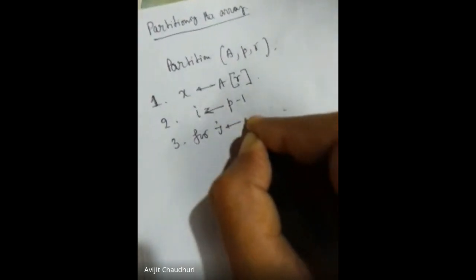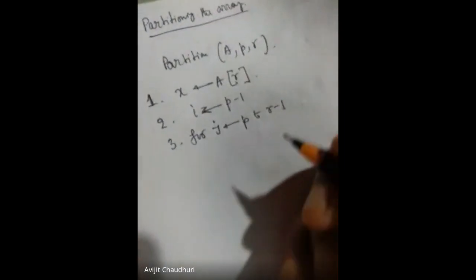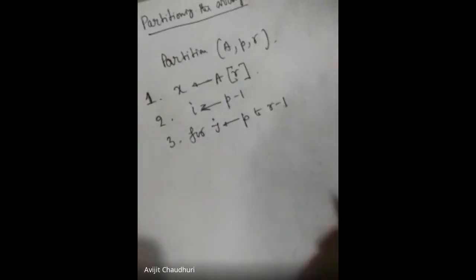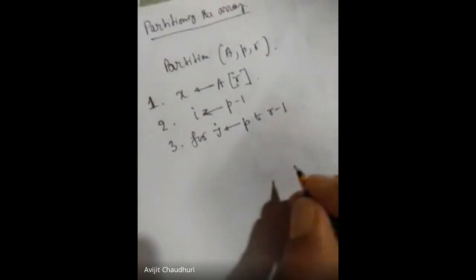Then J runs from P to R minus 1. Already we know that P is the first element up to the right element, R minus 1, because index will start from 0 to n minus 1.